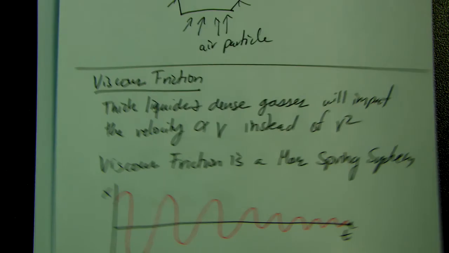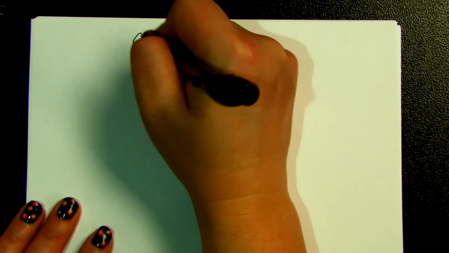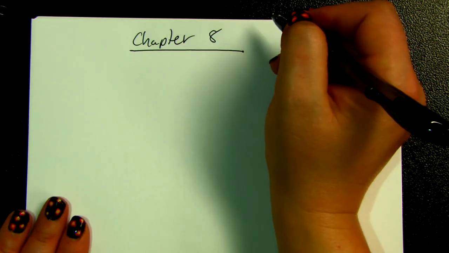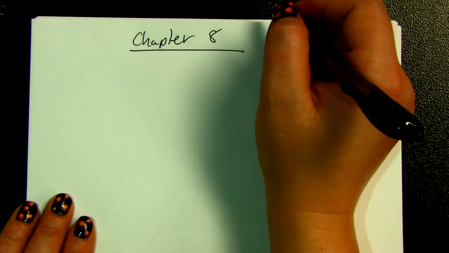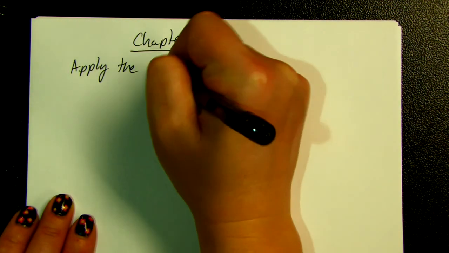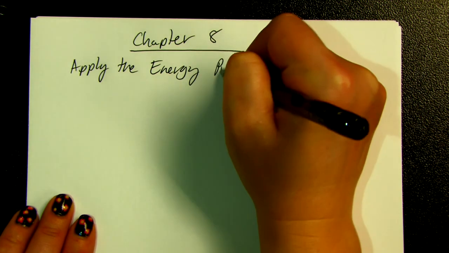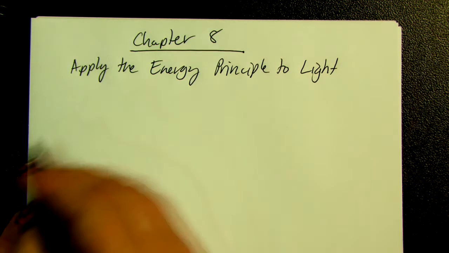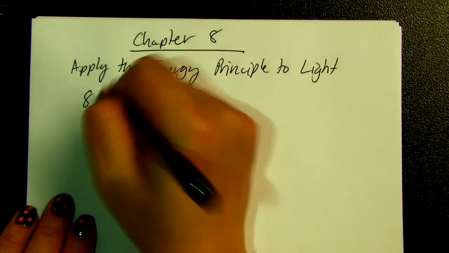All right, so that wraps up Chapter 7, and we're going to go ahead and start Chapter 8, which I always think is a particularly fun chapter. In this chapter, we're going to apply the energy principle to light. So let's talk about light.